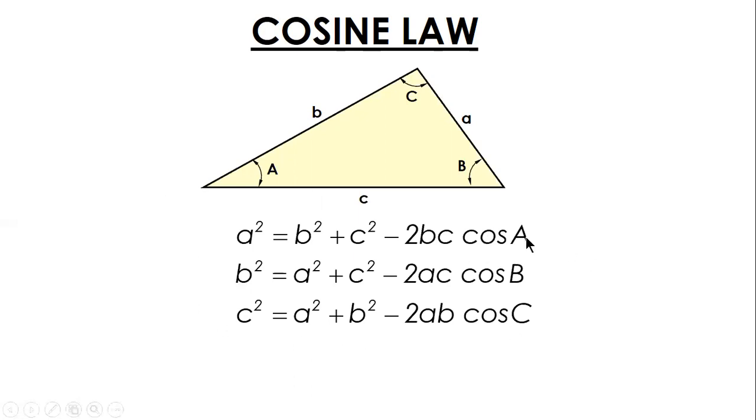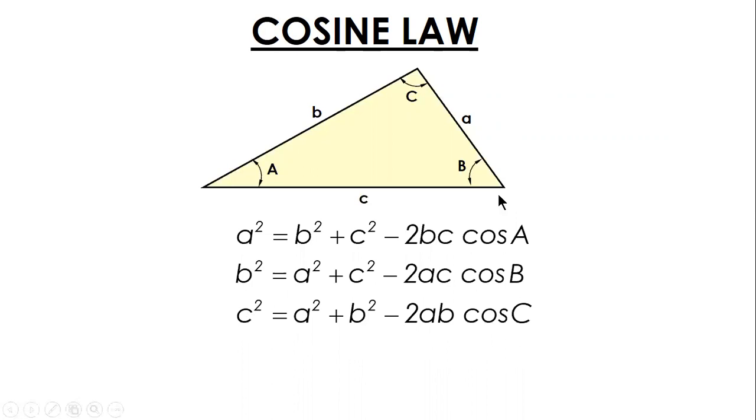All you have to remember is this: whichever angle is involved, its opposite part will be at the left side of the equation. So if angle B is involved, either given or unknown, the left side of the equation should be side B. Right? 3 equations but considered as 1.